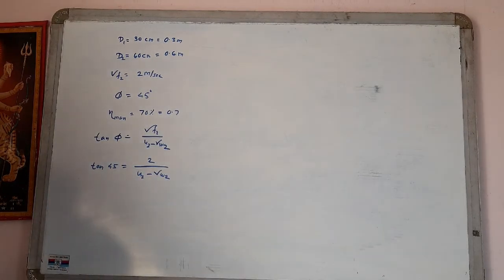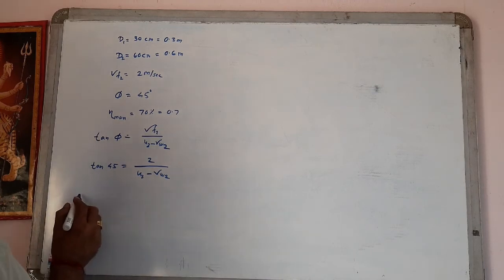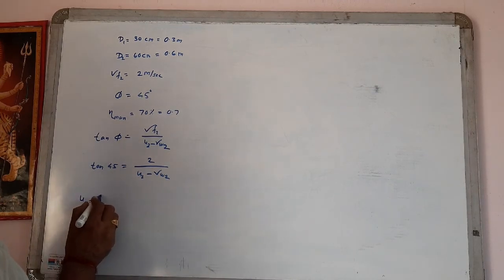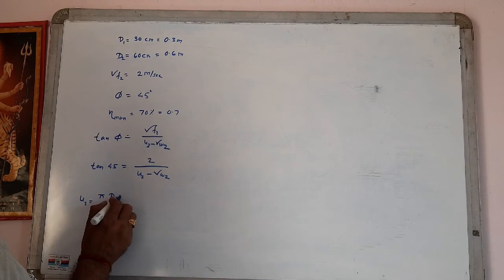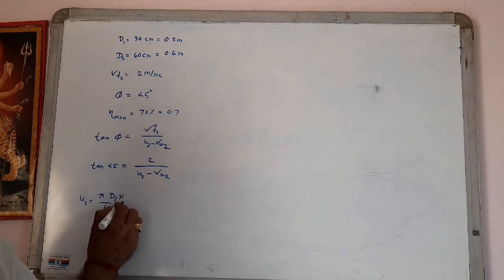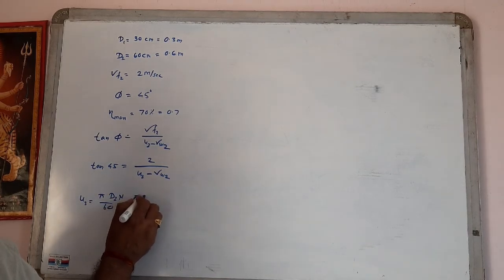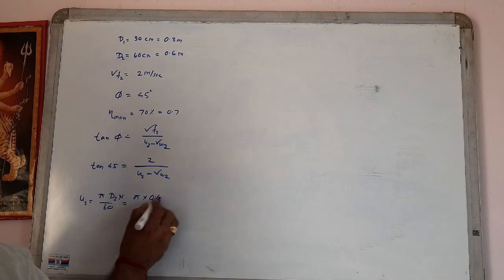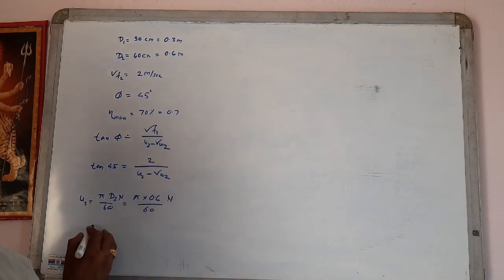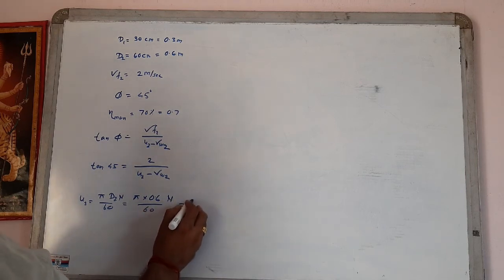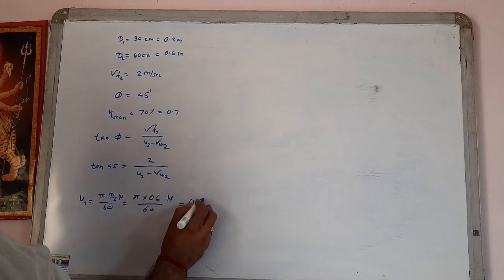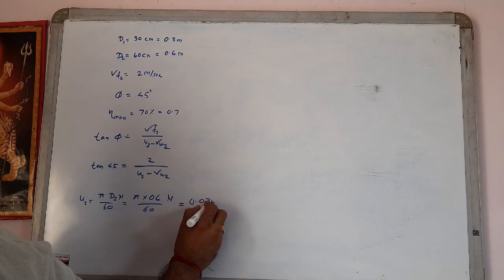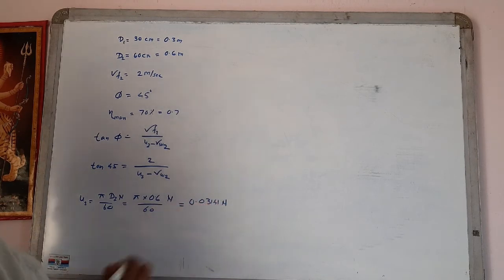From here the value of U2 can be calculated, equal to pi D2 n by 60. Putting the values here, pi and D2 is 0.6, n by 60, so this is equal to 0.03141 n.